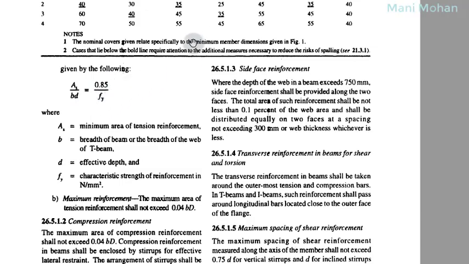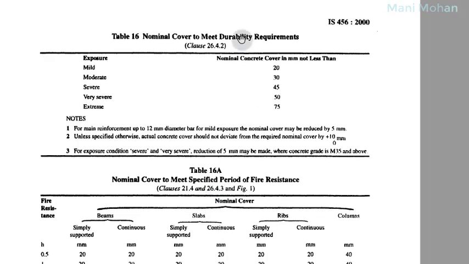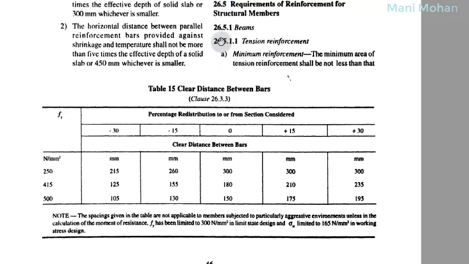Okay, so this recommendation is given in clause number 26.5.1.1 on page number 46. So what has been given to you? Ast minimum. So what is Ast minimum as per IS 456?